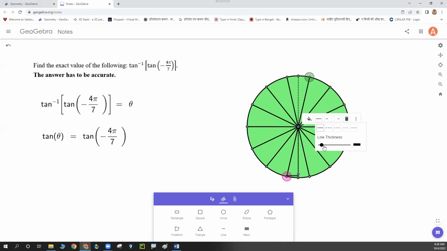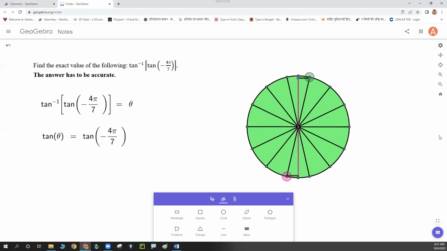And let's make it a different color. Make it pink. Now, copy this. It's negative, but I can put it here, and I can take this line and put it here.